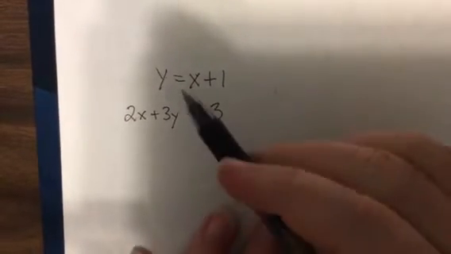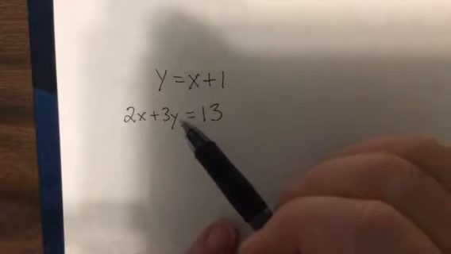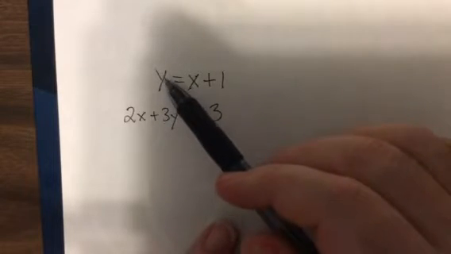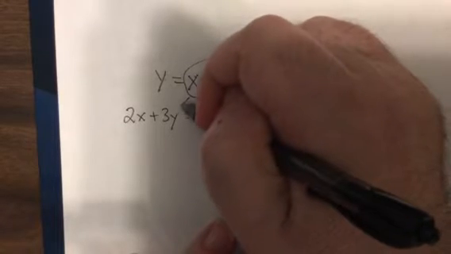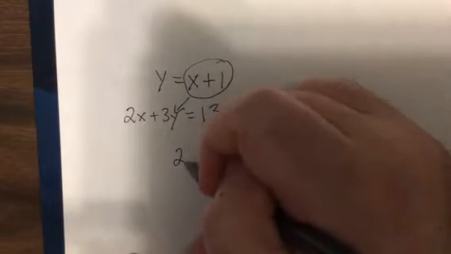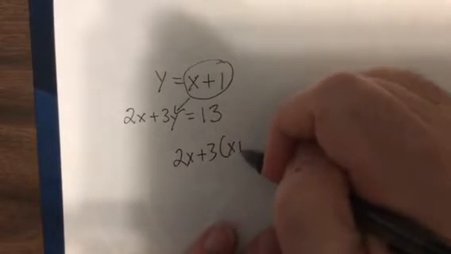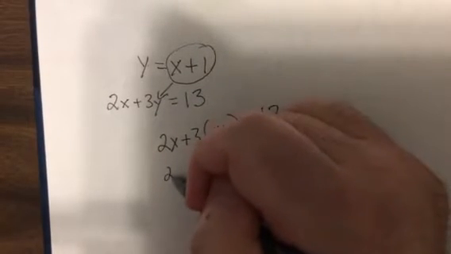Now, I don't know why, but some kids have such trouble with this problem. You shouldn't, because you already have the first part done. It's already solved for y. So you just take this and put it in here. This is as easy as something that's easy. So distribute the 3.